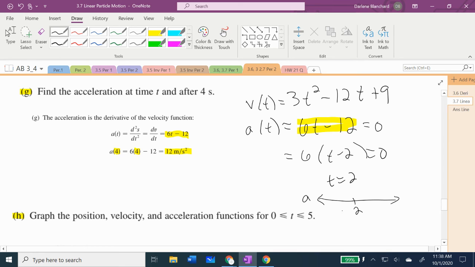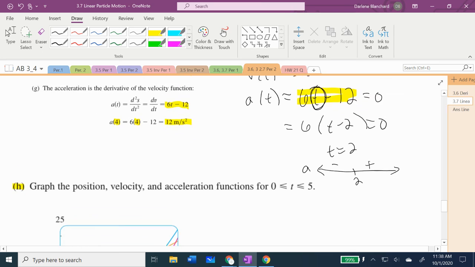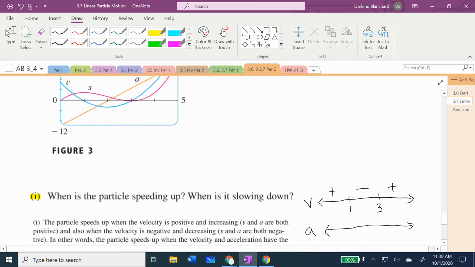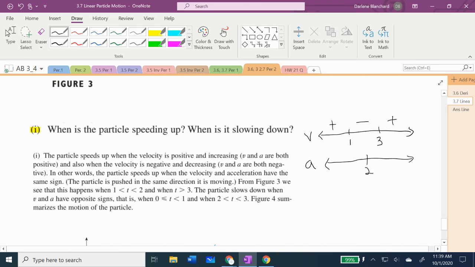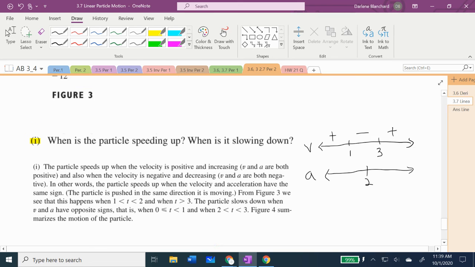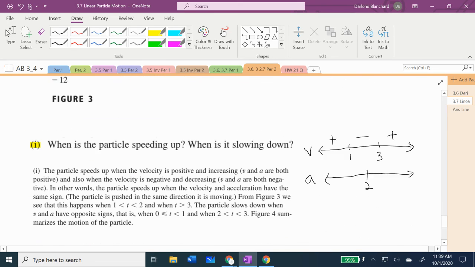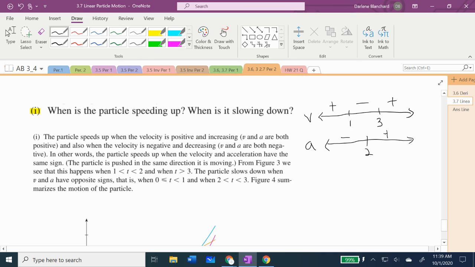So if I plug in a number like 0 into t, I'm going to get a negative number for acceleration. If I plug in a number like, say, positive 3, I'm going to get a positive number for acceleration. Now I'm going to bring those two together and make sure that I put down the negative and then positive.